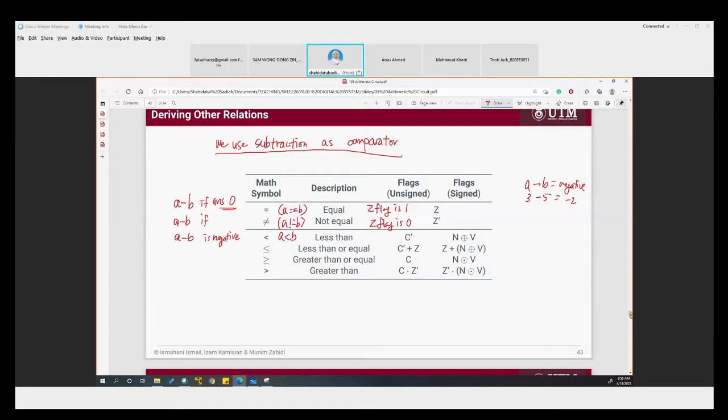And if it's negative, the C flag, where is it? Let me see.